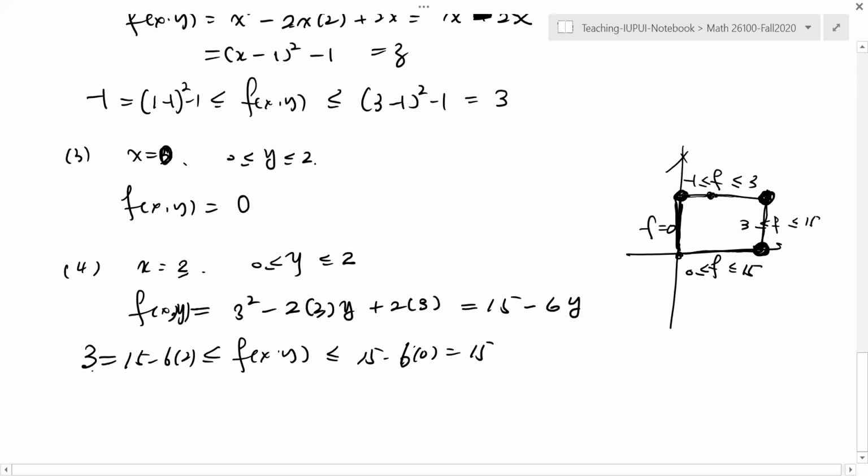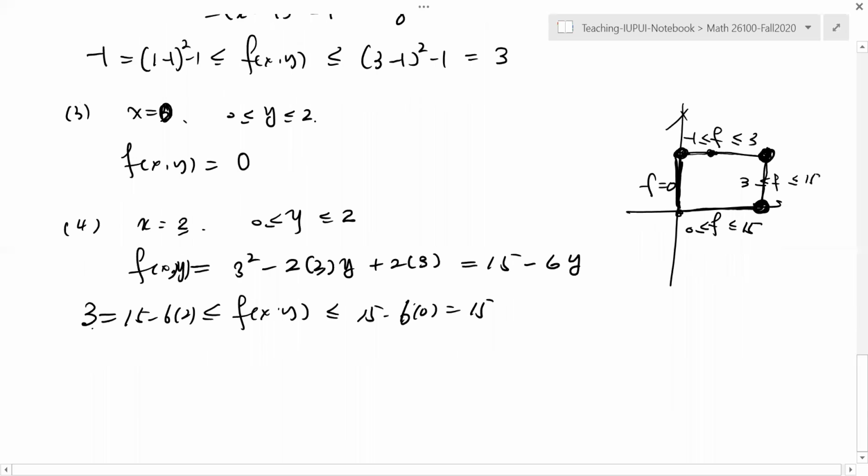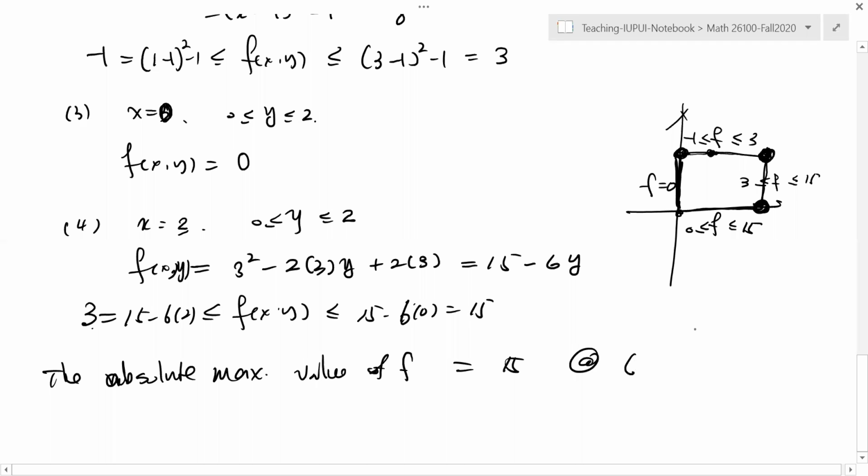So this is the picture, and you can tell that the absolute maximum value of f is going to be 15. It occurs at the point (3, 0).